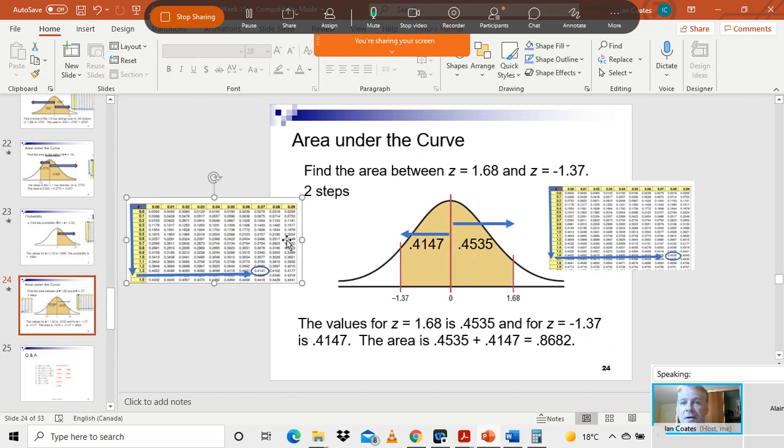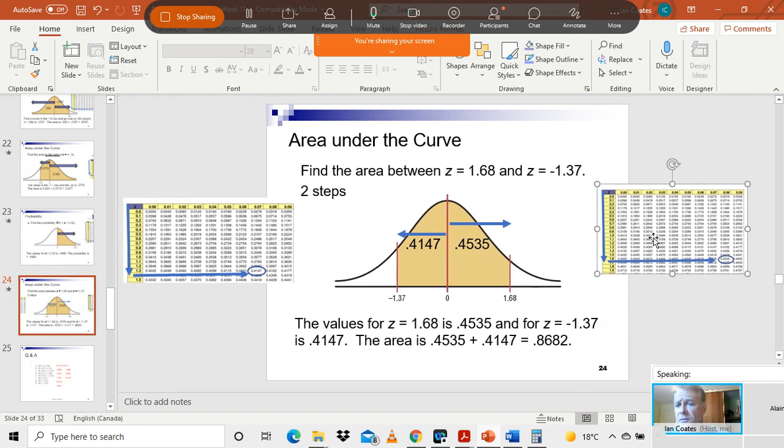Now, is this one any more difficult? No. Find the probability between Z equal to 1.68 and Z equal to negative 1.37. If I don't give you the curve, you can draw this easily enough. There's your curve, there's your mean of 0. Positive 1.68 has got to be up here, 1.68 standard deviations away, so it's somewhere in there.